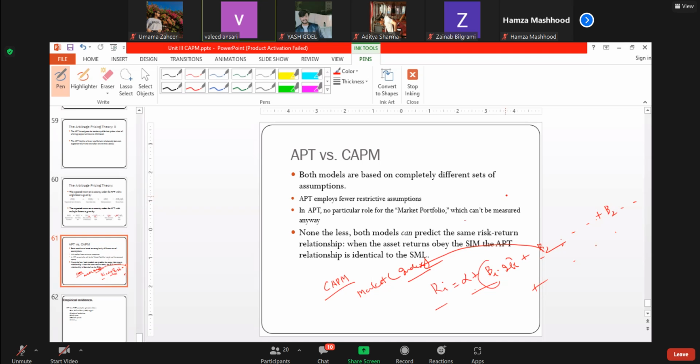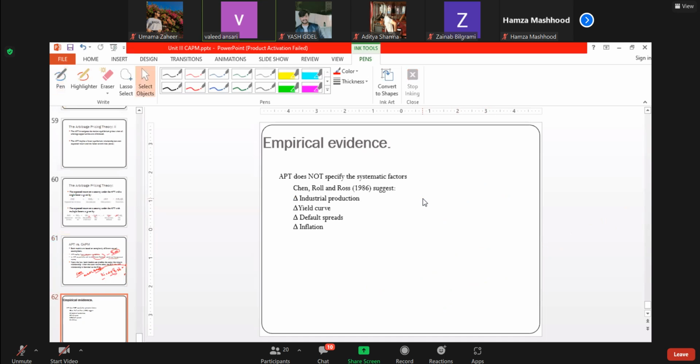So this is a multi-factor model based on few assumptions. It has no role for the market portfolio, which in CAPM we take as proxied by an index, so there is no need for it. Other common factors may be there.